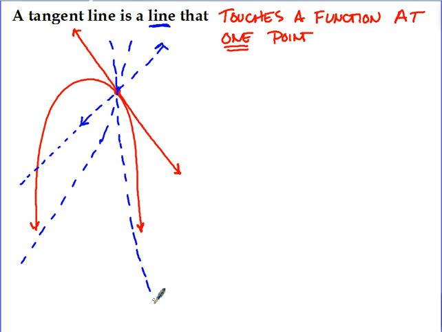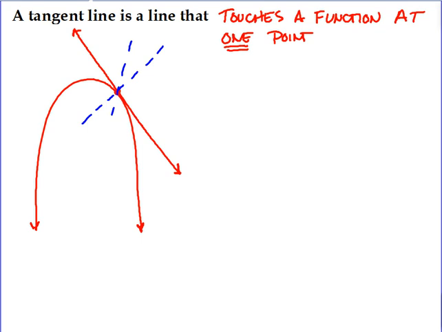So tangent lines, it's going to just touch once, like this. So it's going to touch the curve. It's like it's just skimming the side of the curve there. So that's going to be our tangent line. Now, if I want to find the slope of this, think of what this point is.